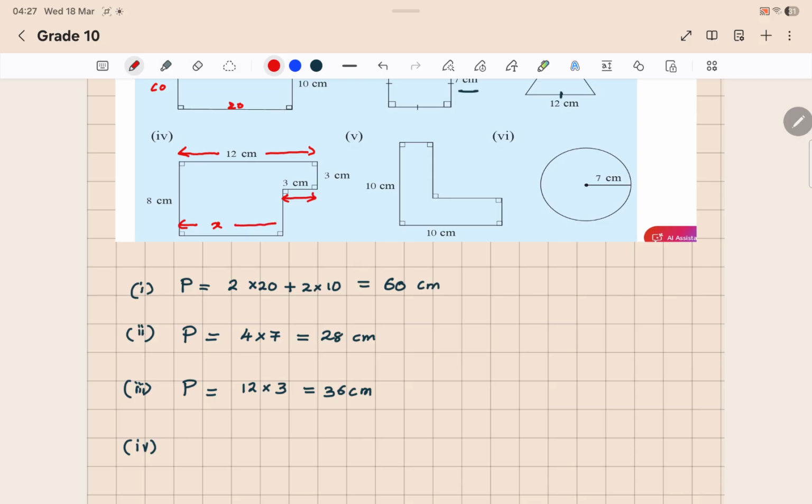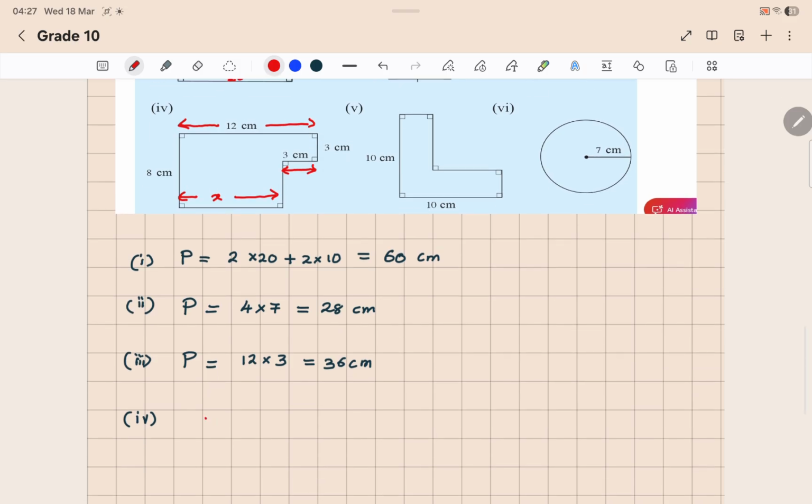Let me label it as x. We need that length. What is that length going to be? 12 minus 3, right? Because x plus 3 is equal to 12. Is that clear? So then x is equal to 9 centimeters.